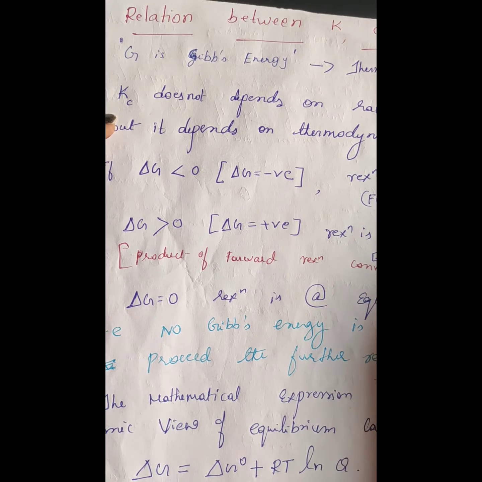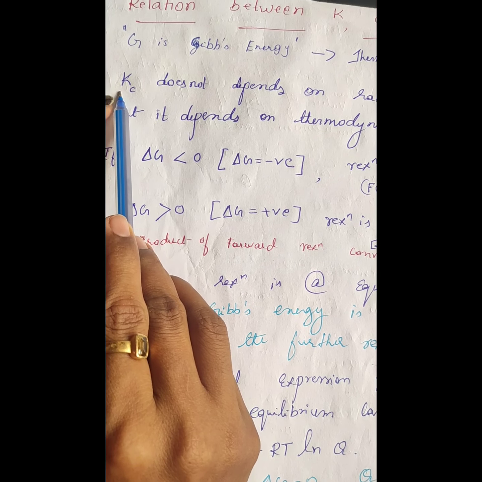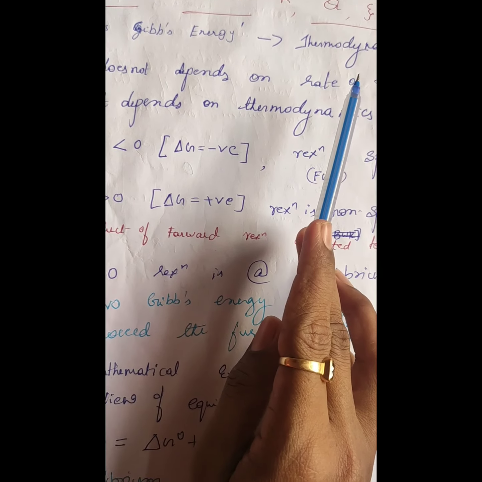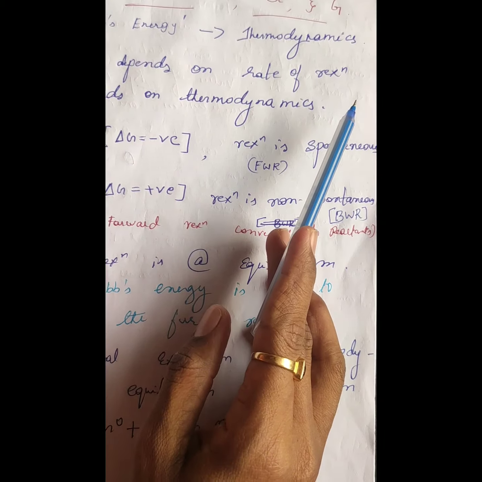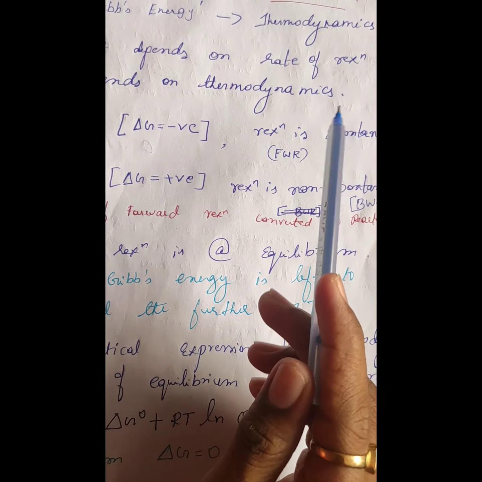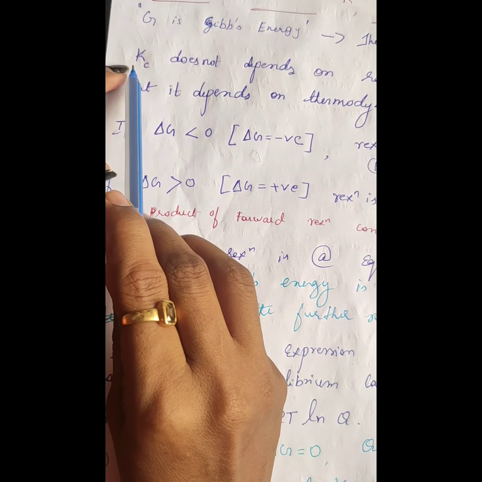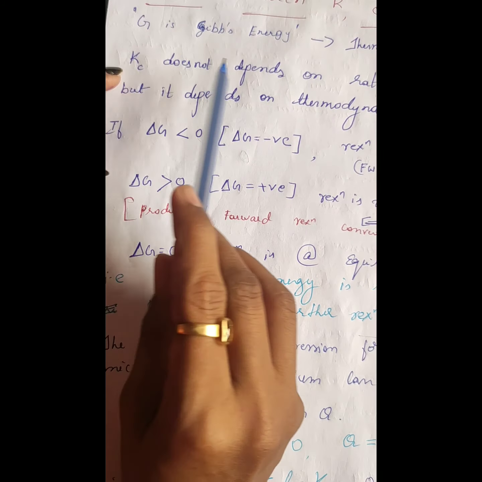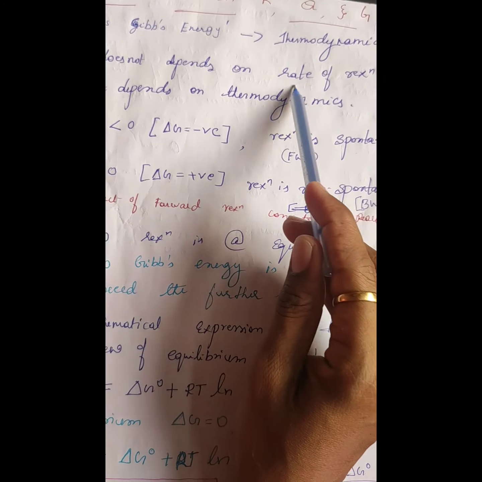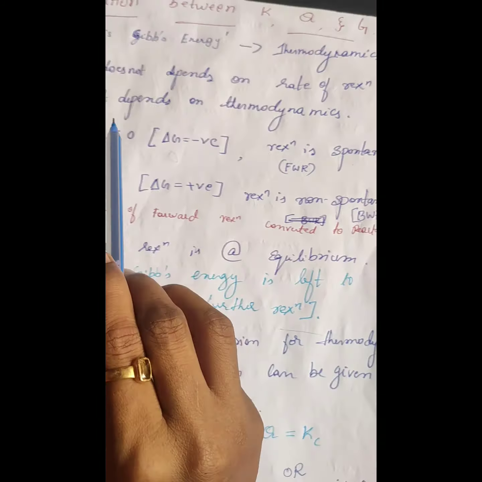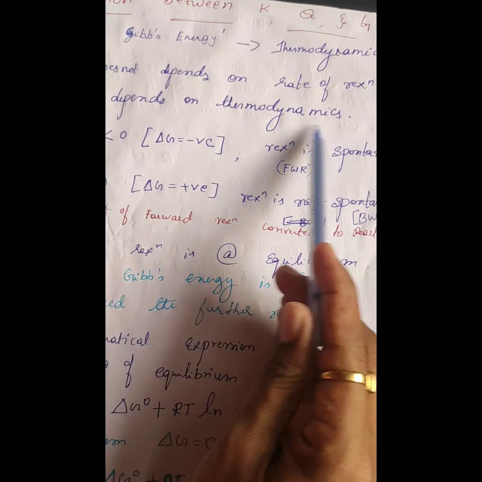So children, here we have to follow the equilibrium constant in terms of thermodynamic principle, or how it is related to thermodynamics. Very simple. You have to follow that Kc does not depend on the rate of the reaction, but mainly on thermodynamics.